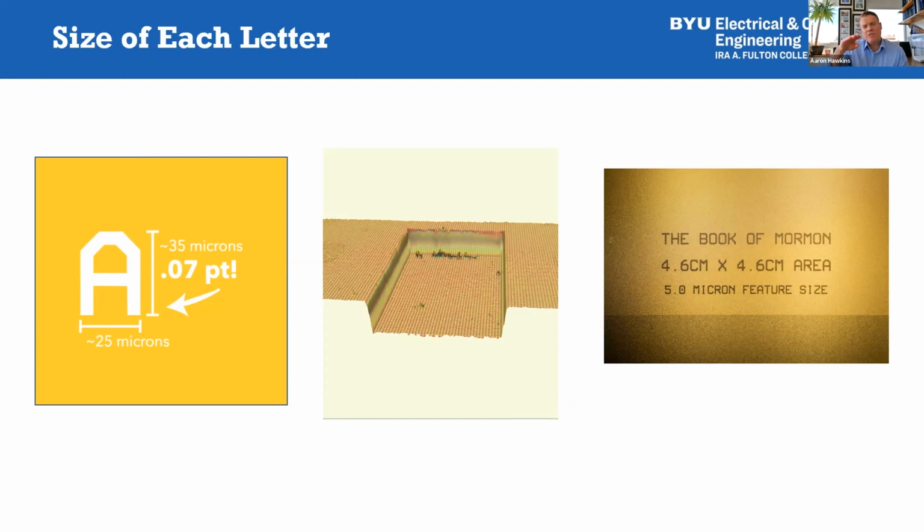We're looking at how deep each letter was etched, down to about 20 microns, so it appears dark on the wafer. And then over on the right, this is a standard camera, so what you see with your eye. On the top were some big letters, and then on the bottom was the actual text, which you're not going to see with your eye at all.